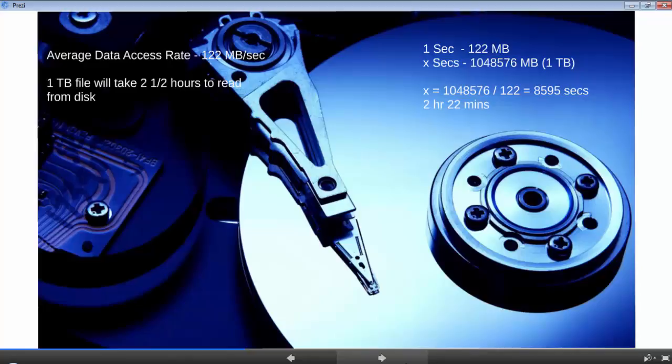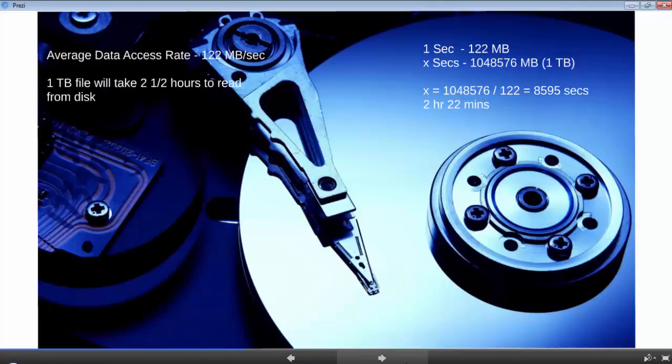HDDs, or hard disk drives, have magnetic platters in which the data is stored. When you request to read data, the head in the hard disk first positions itself on the platter and starts transferring the data from the platter to the head. The speed at which the data is transferred from the platter to the head is called the data access rate. This is very important, so listen carefully.